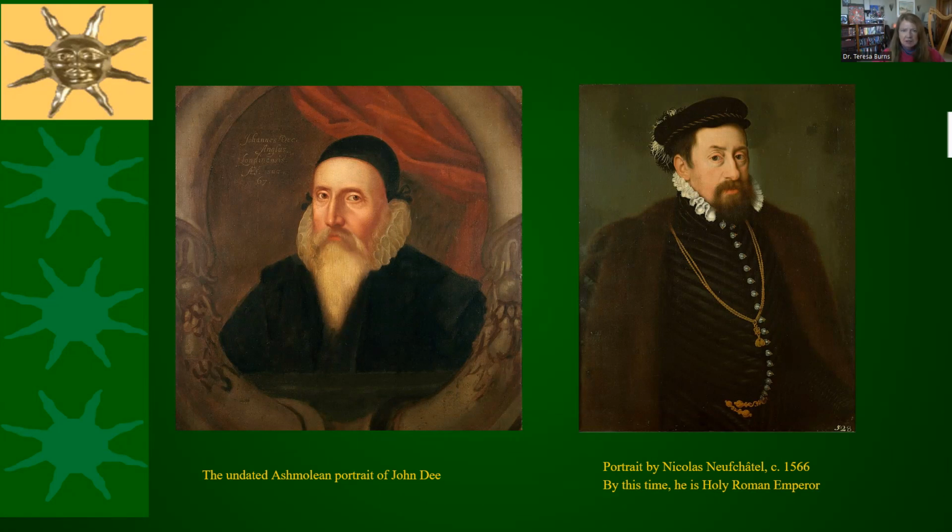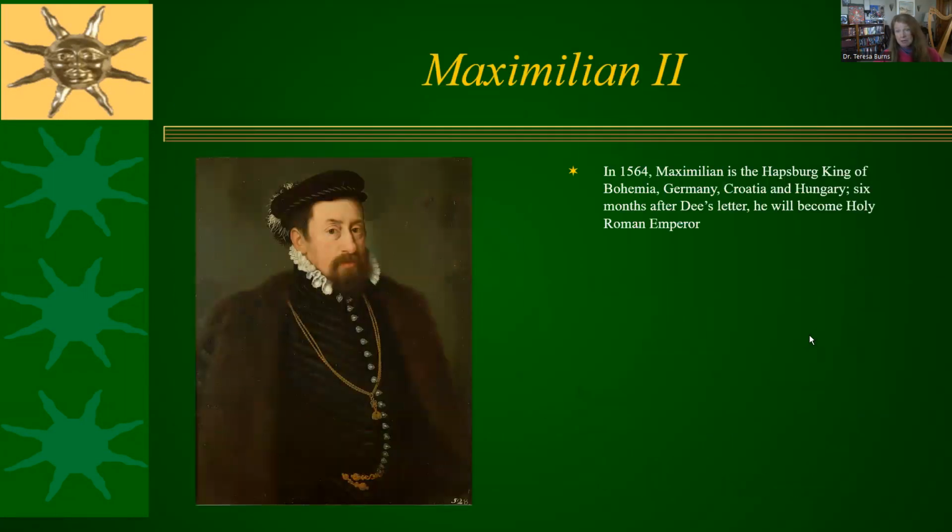But I think since he's writing to King Maximilian, we ought to take a moment to just establish who King Maximilian is, other than a really important guy who is a powerful ruler. Okay, but he is, first and foremost, a powerful ruler. When Dee writes this in 1564, Maximilian is the Habsburg king of Bohemia, Germany, Croatia, and Hungary.